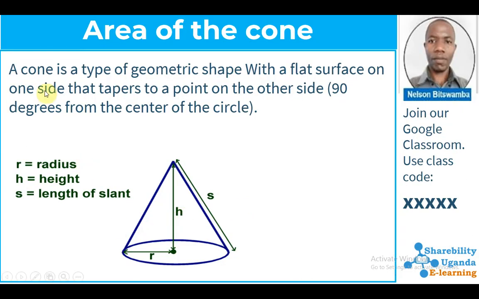To recap our recent video, we said the cone is a type of geometric shape with a flat surface on one side that tapers to a point on the other side. Here we see how our cone looks, where r is the radius, h is the height, and s is the slant or the slope.